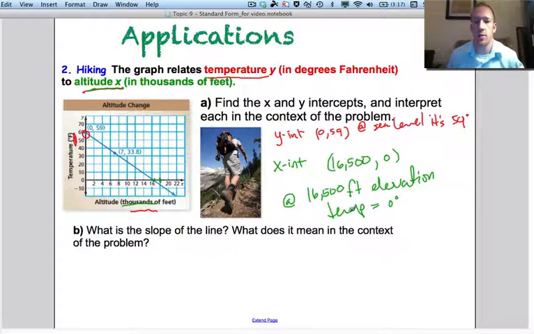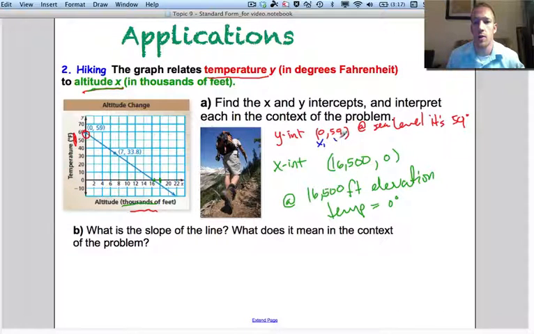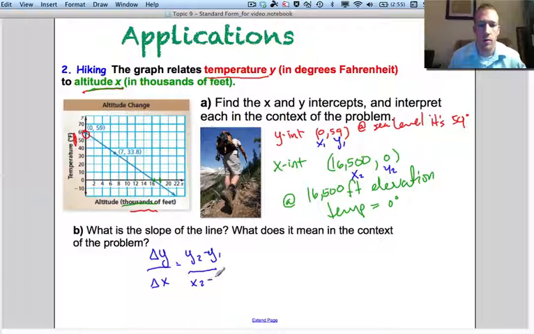That's easy. We just have to do our slope formula with 2 points. We have 2 points here. Here's our x1, here's our y1, here's our x2, here's our y2. We're just going to use the formula, change in y over change in x, which is y2 minus y1 over x2 minus x1.